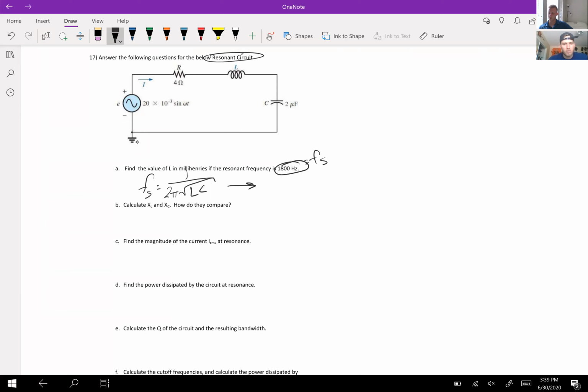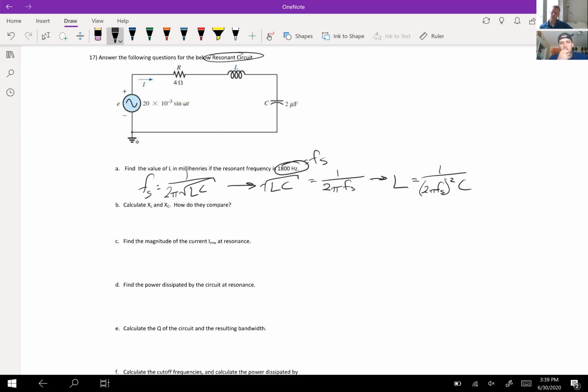If I swap the square root of LC, then it's like saying 1 over 2 pi Fs, right? And then in order to get it to just L, I would square that and then divide it by C. So it's like saying 1 over 2 pi Fs squared times C.